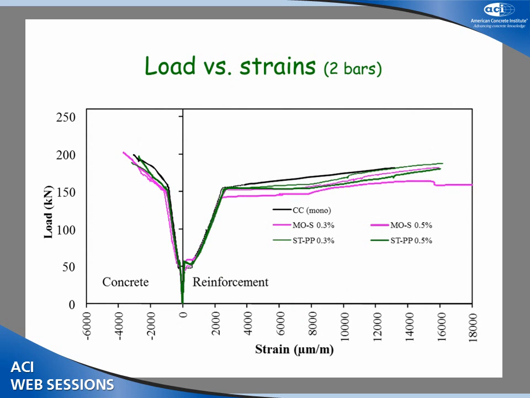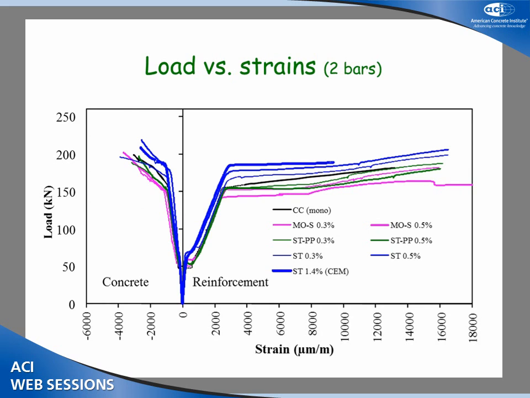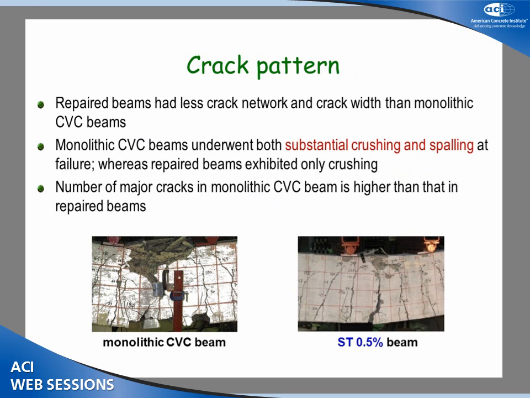Load deflection, lateral deflection. Again, if anything, the repair sections are giving us better performance than the monolithic, and all the fibers are doing a good job. And when you compare the cracking patterns, always when we had the fibers, the cracking patterns were more favorable. This is, for example, the steel, 0.5% versus monolithical cast beam, conventional concrete.